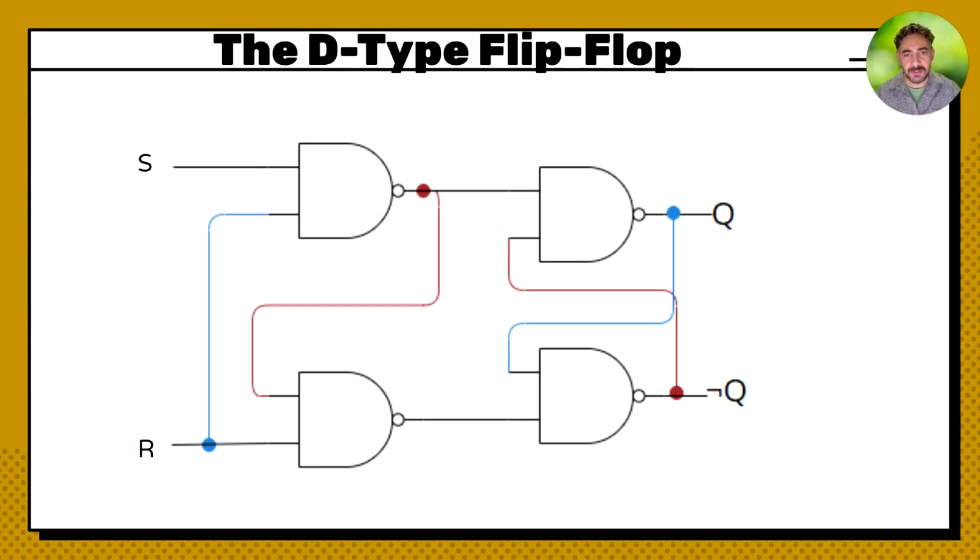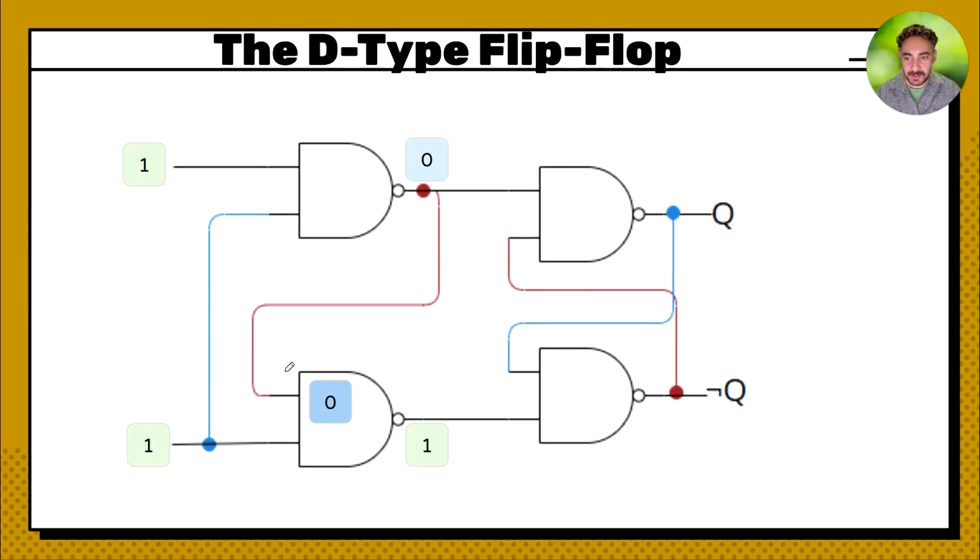The array of NAND gates uses what's known as a set-reset latch. If both the set and the reset are kept high, or in other words 1, this means that the output of the set NAND is a 0. This is then fed into the reset NAND. Let's mark that here. As a 0, the output is then flipped into a 1, as you can see here.